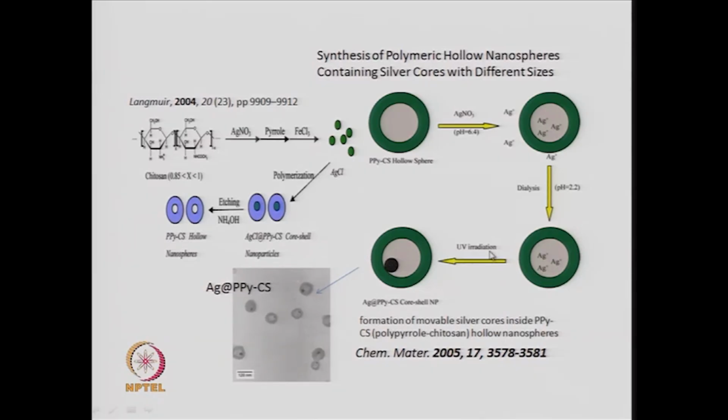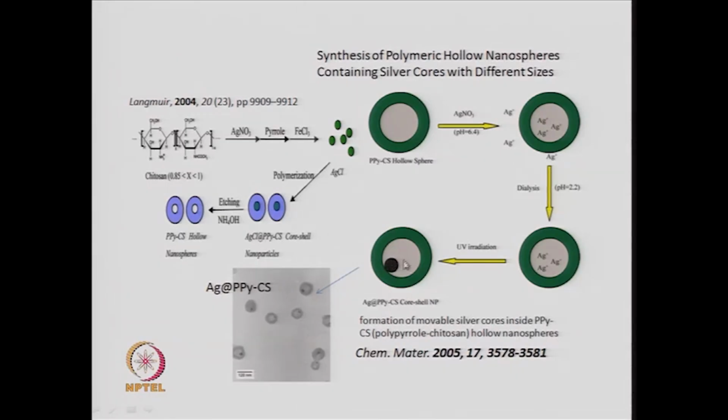And if you now bring a UV lamp near this particle, the silver ions will get reduced under UV radiation, and they will become silver particles, and so you will get this silver particle inside the shell.